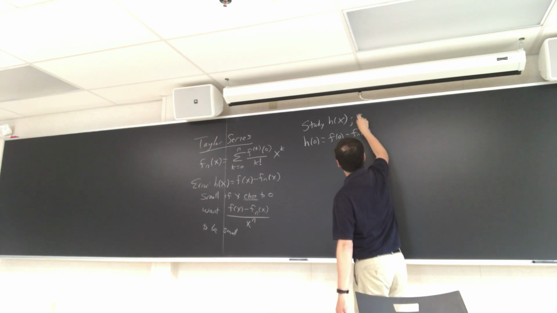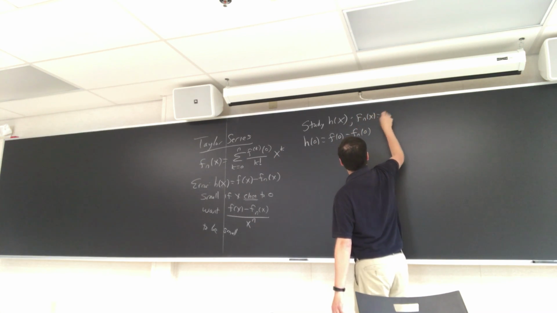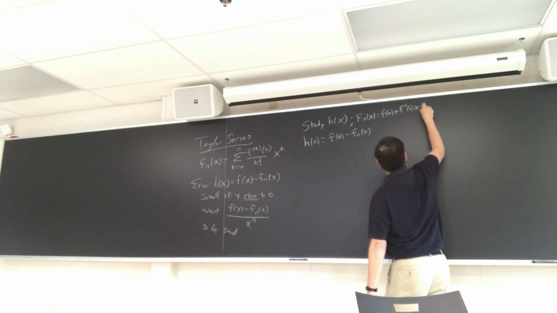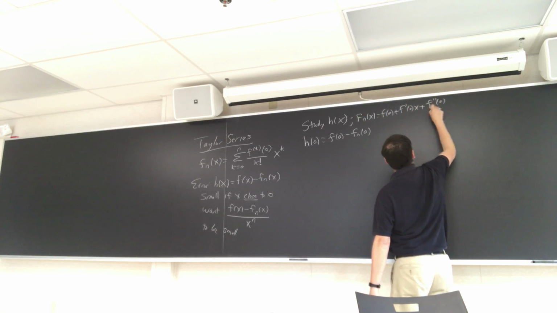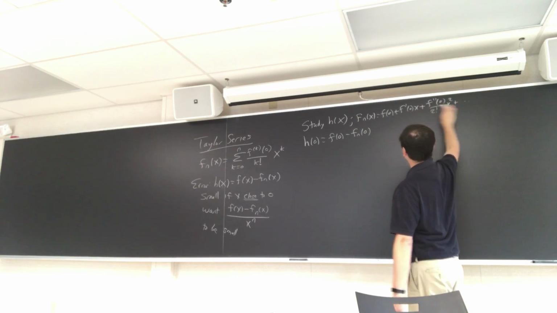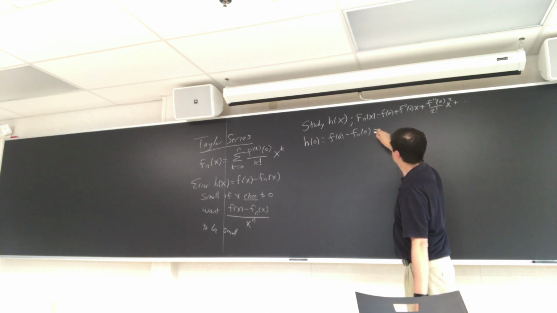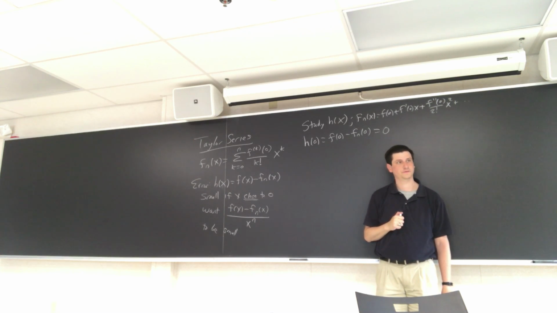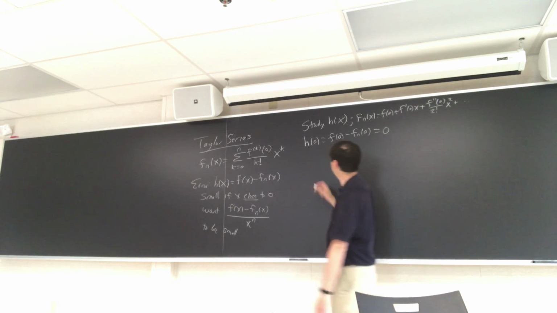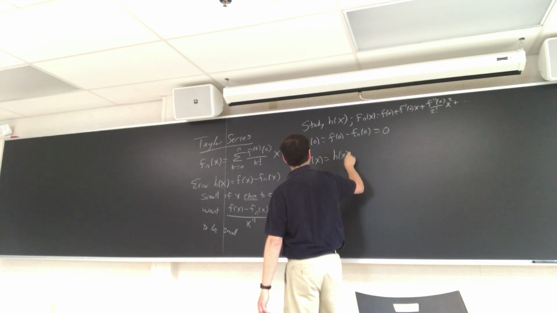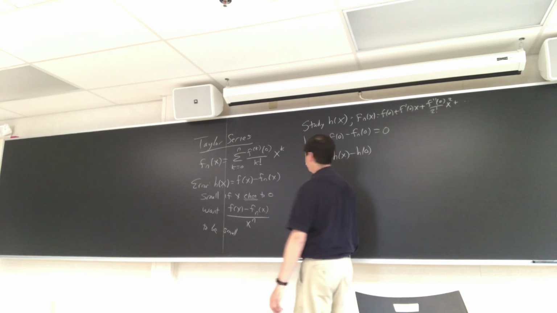Because f_n of x is f of 0 plus f prime of 0 x plus f double prime of 0 over 2 factorial x squared. So when I put in 0, everything vanishes but that. So we get h of 0 is 0. So really, h of x is the same as h of x minus h of 0.